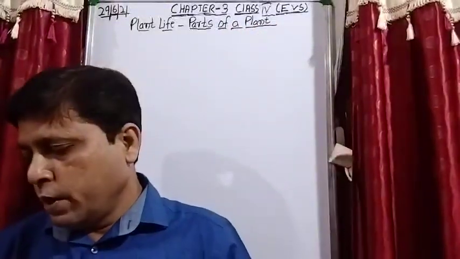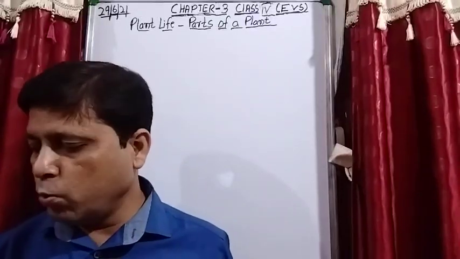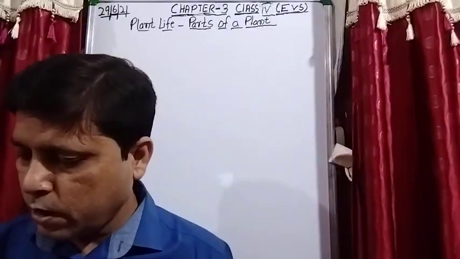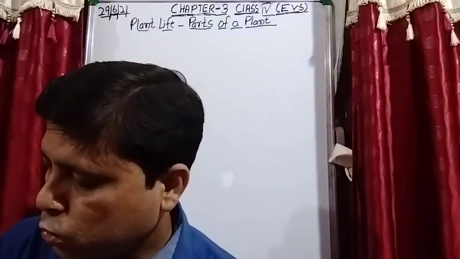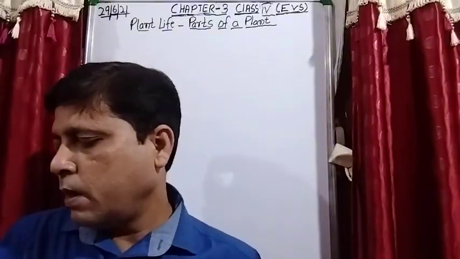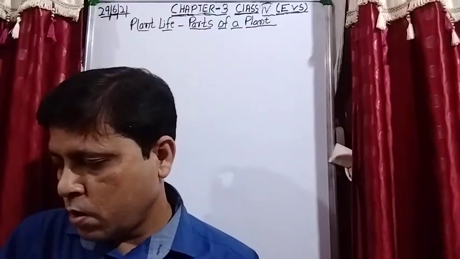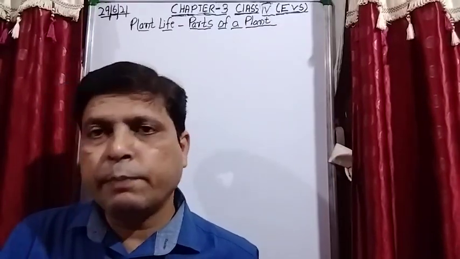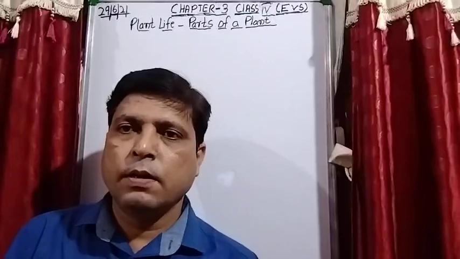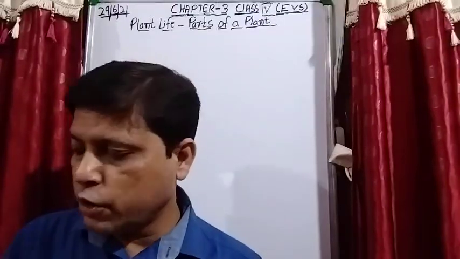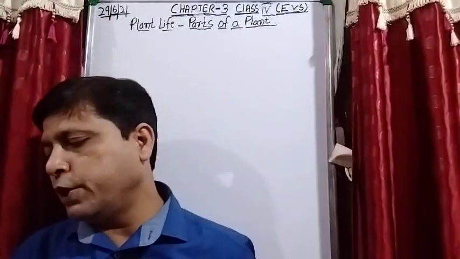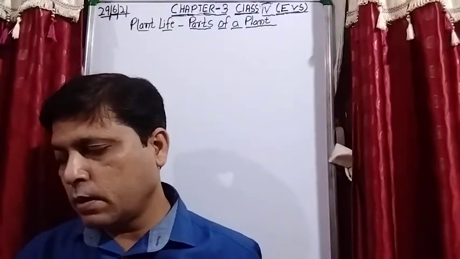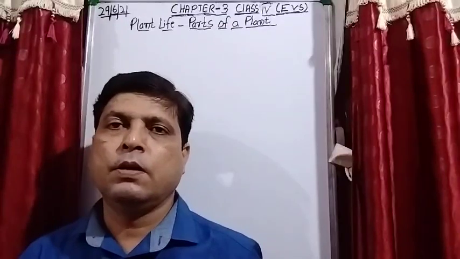Let's do a little recapitulation of what we have done in the previous video. Students, in the previous video we have done the book exercises of the chapter, and after that we completed question number E: Give short answers to the following questions.